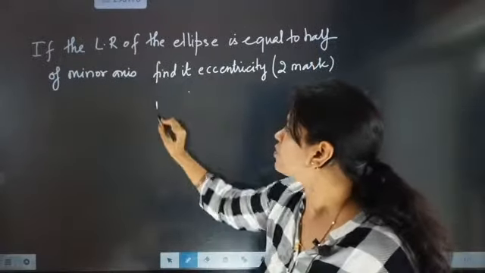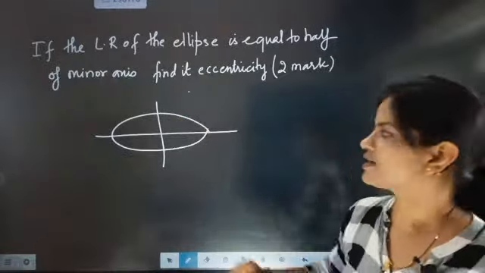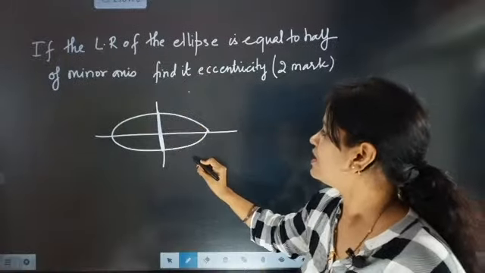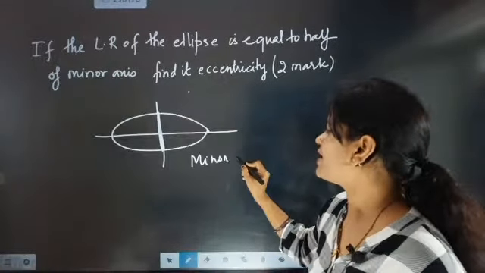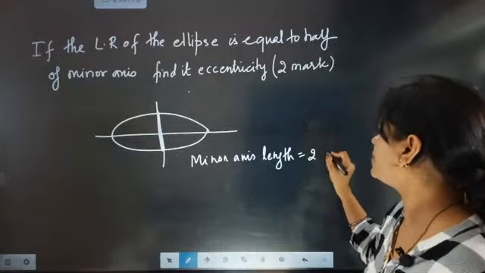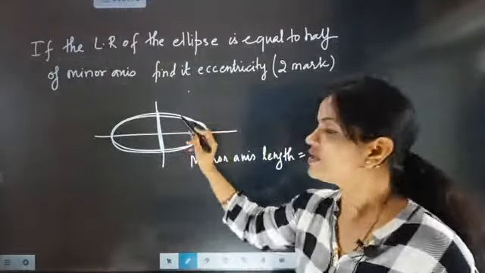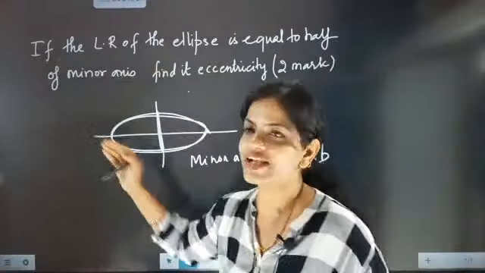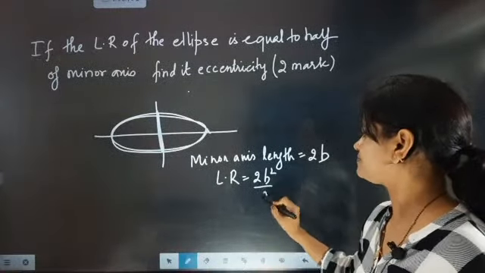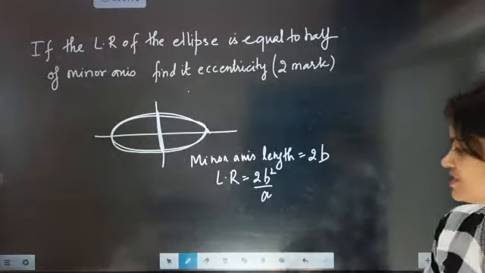First we will go back to the ellipse information and find the latus rectum. The length of the minor axis is 2b. When the ellipse is resting with its major part on the x-axis, its latus rectum is 2b square by a.